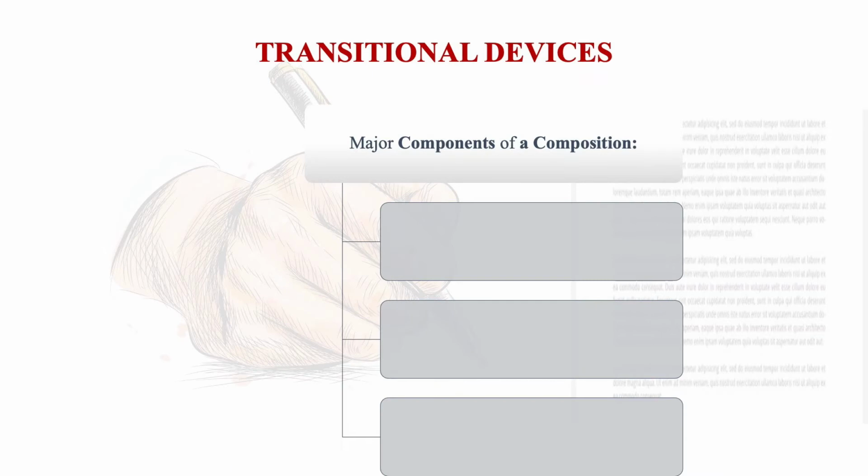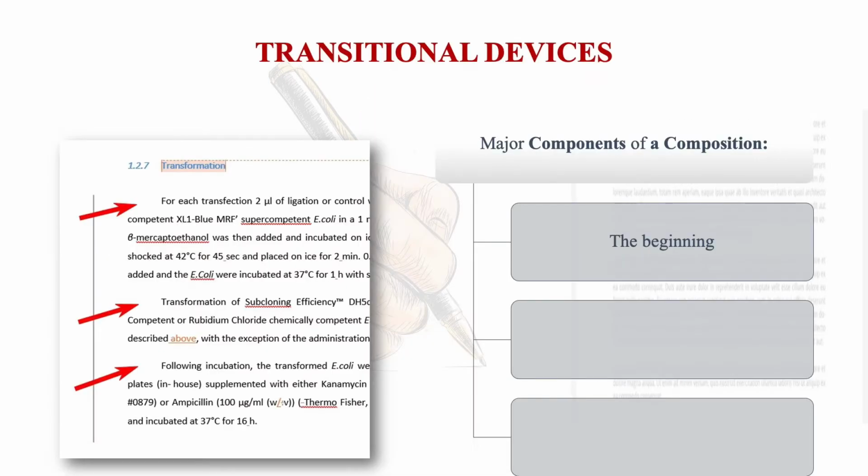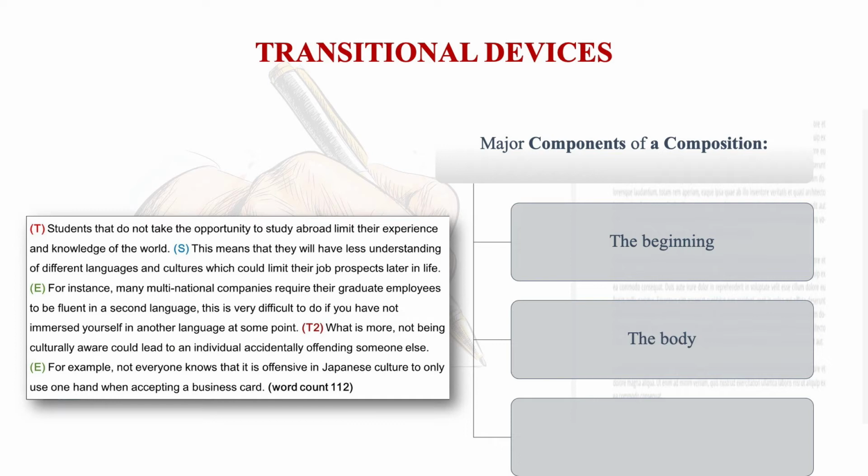Now, when you talk about a paragraph, it is considered to be a part of a composition. There are components of a composition or a paragraph, if you are composing something, as a writer. There are essentially three components of a paragraph or composition: first the beginning, secondly the body, and third the conclusion. These are the three major components of a composition, or even of a paragraph.